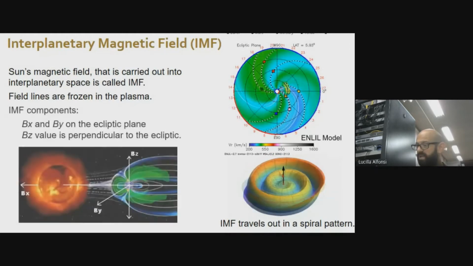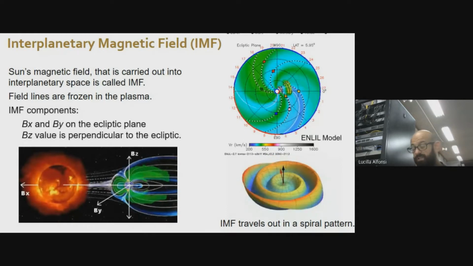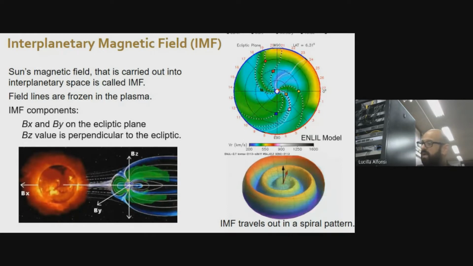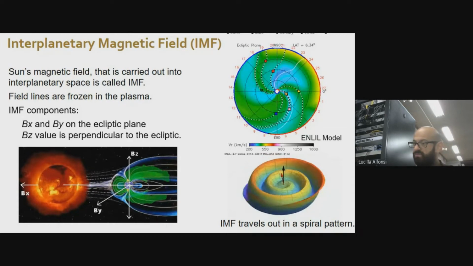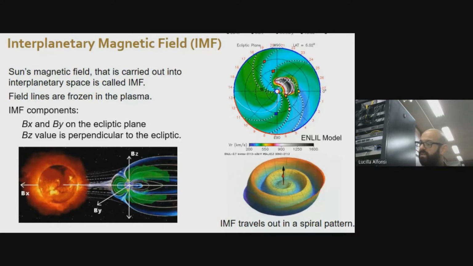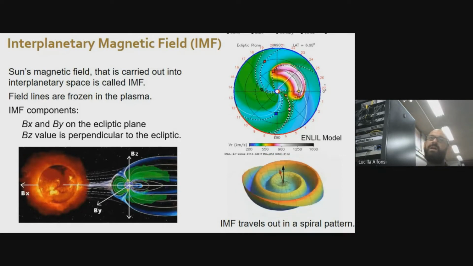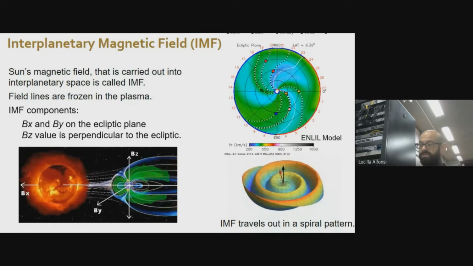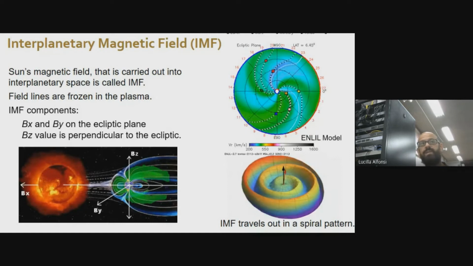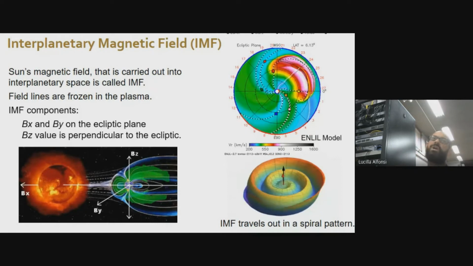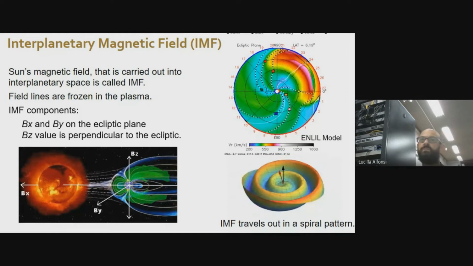So we can define a reference system for the interplanetary magnetic field, including the x-axis in the direction from the Sun to the Earth, and the z-axis, that is the vertical component of the interplanetary magnetic field. That is, as we saw in the last days, the quite crucial component of the IMF for the interaction with the magnetosphere.